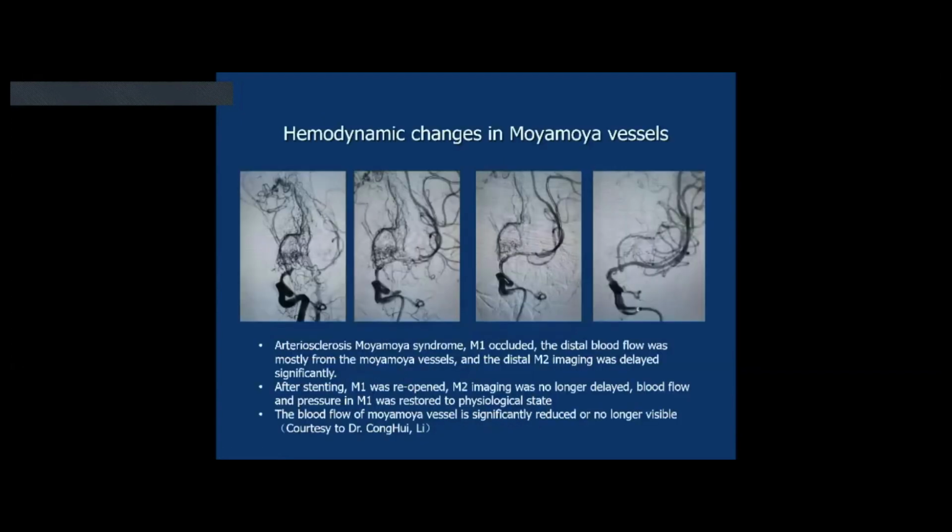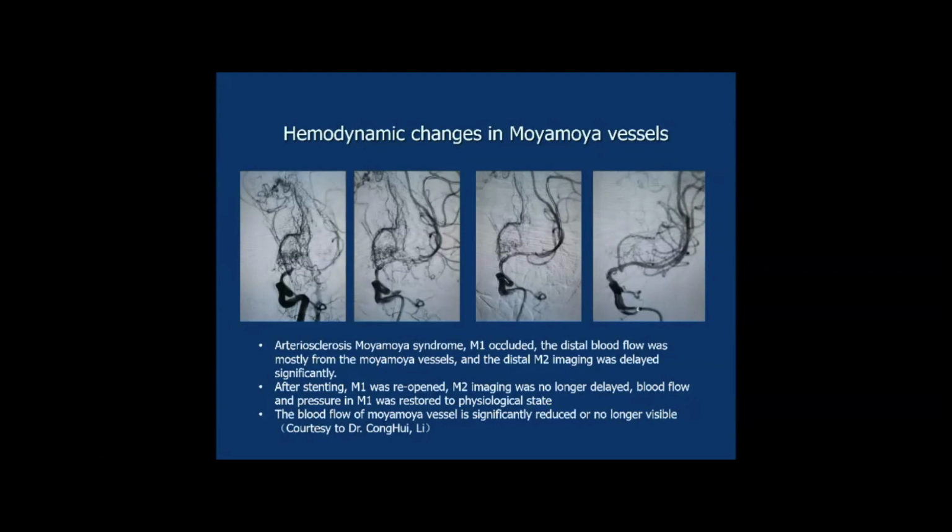So this is a hemodynamic change in Moyamoya vessels. Actually, this is atherosclerotic Moyamoya syndrome. My friend, Professor Conghui Li, put a stent into this almost occluded M1. You can see after the stenting, M1 was reopened and the M2 image was no longer delayed.